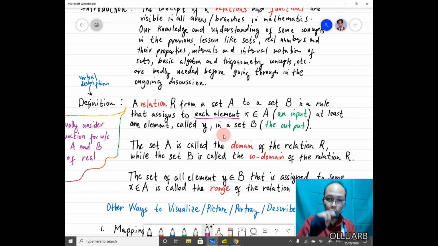For example, in set A there are 10 elements, and you assign every object from 1 up to 9, and then you leave only the 10th object, you did not map it or assign it to an object in the set B. In that case, it is not a relation, nor a function.